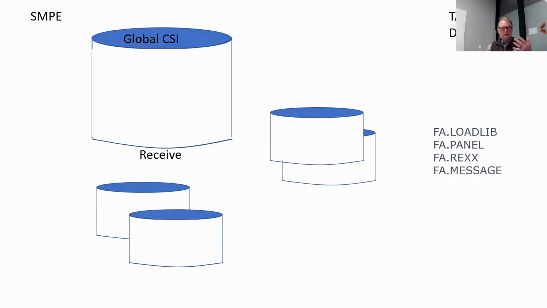So when someone distributes something to you with SMP/E, what they give you is all of the parts plus the instructions on how to build the parts. So when you do a receive, you're receiving into the database, the CSI database, all of the parts necessary to build the application.